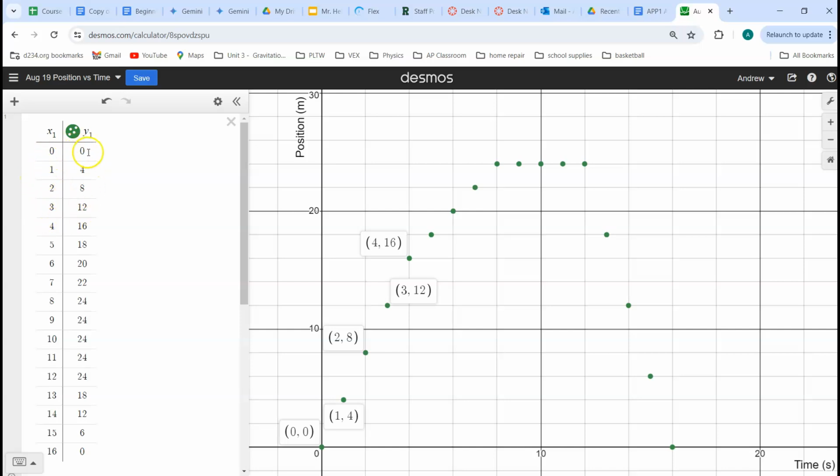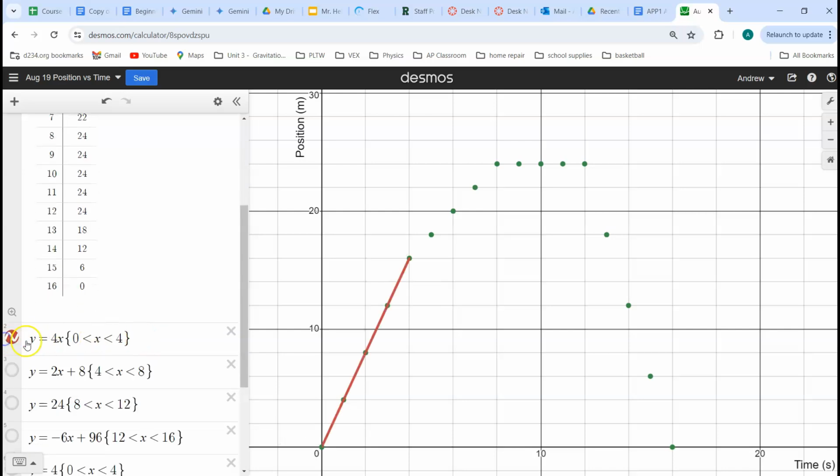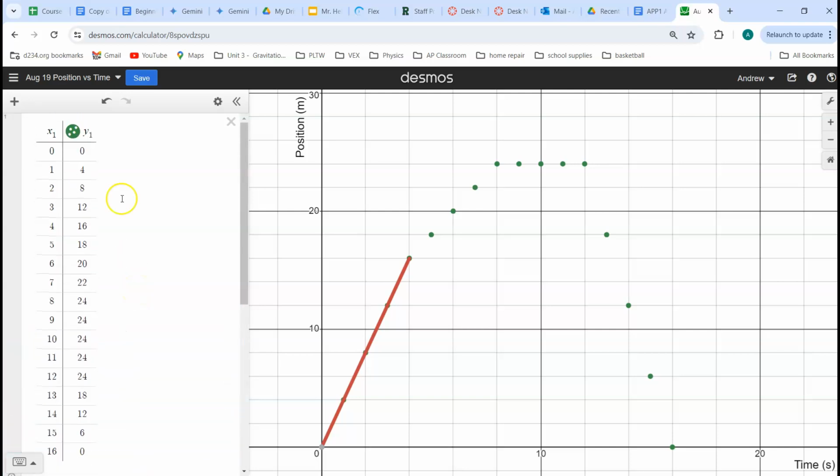X is time and Y is position. So 0, 4, 8, 12, 16. You can see the rate of change. Mathematically, y equals 4x. Notice 4 is the slope of the line that passes through those points. That is the rate of change of the position versus time for the first 4 seconds.